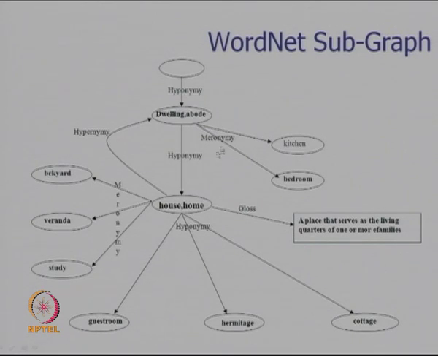So, this actually reminds us that we have to make use of the structure of the WordNet, and the structure of the WordNet is essentially a graph. If we were to disambiguate a word like house appearing in the context, then when we make use of the sense bag of house, we have to consider this whole subgraph for a particular sense of house. Okay.